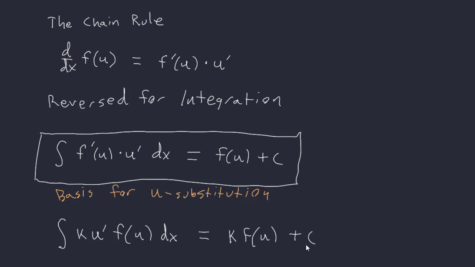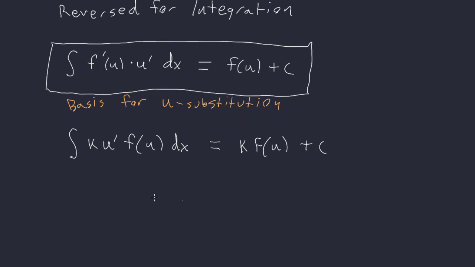Okay, so what we're essentially looking for is a function with stuff on the inside and a version of its derivative on the outside. It doesn't have to be the exact derivative, but basically a constant multiple of the derivative.